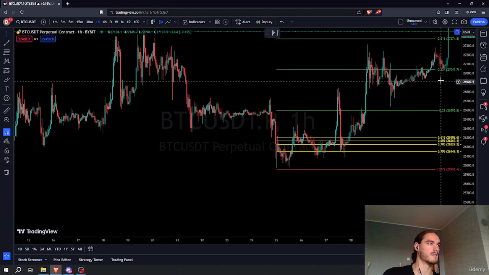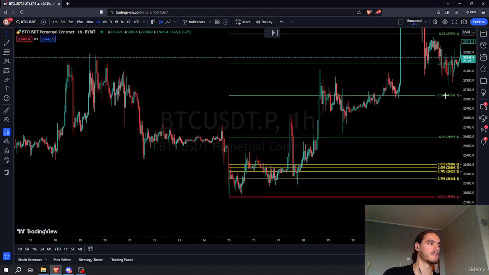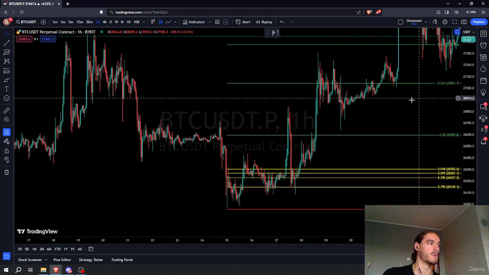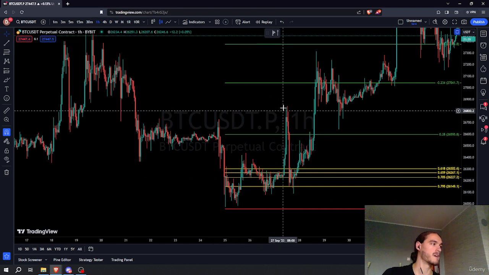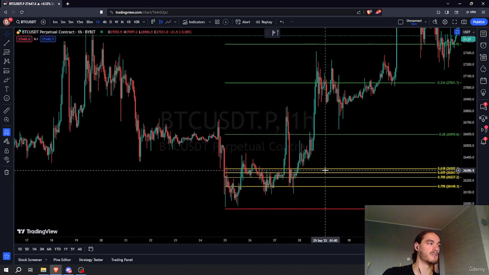And wow, I just found this randomly, and as you can see, it really works well with market structure. So we break the structure, pull our Fibonacci tool, and we get ready for a long trade.